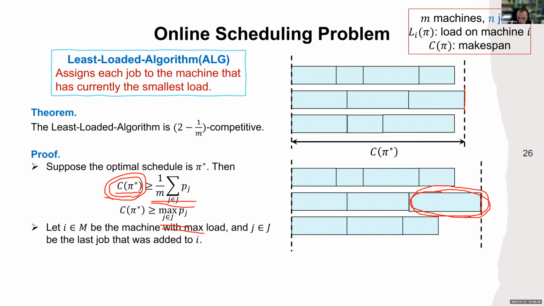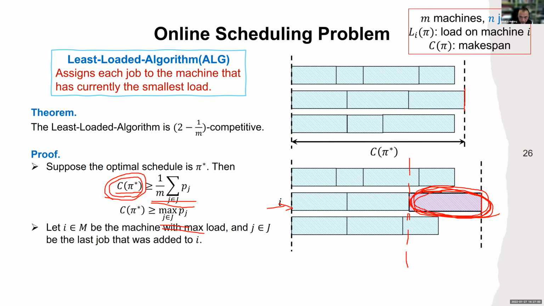At the time when it is added, we know that machine should have the smallest load before you add this job, because our algorithm says add the job to the machine with the smallest load, right?